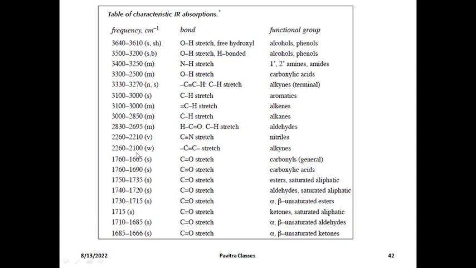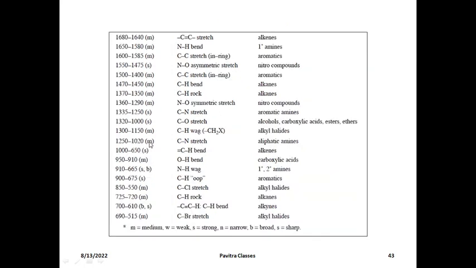So by this characteristic range and characteristic peak, you can identify it. Especially the alkyne, the carbon-carbon triple bond, gives a wide peak. W means wide peak. Then alkanes have this range.